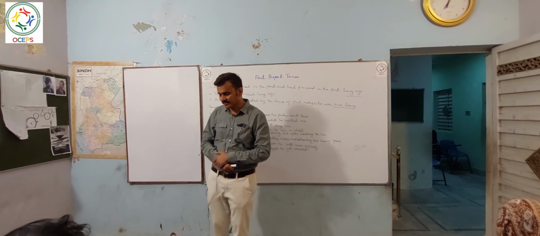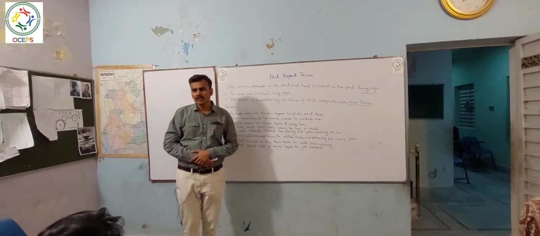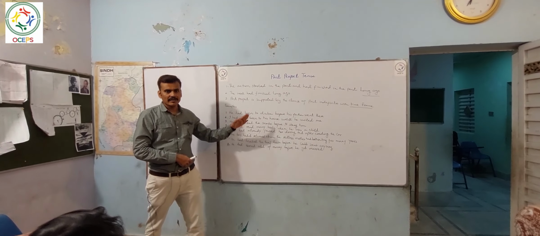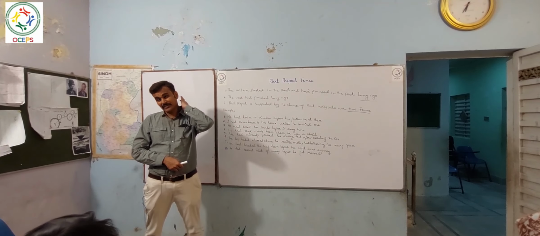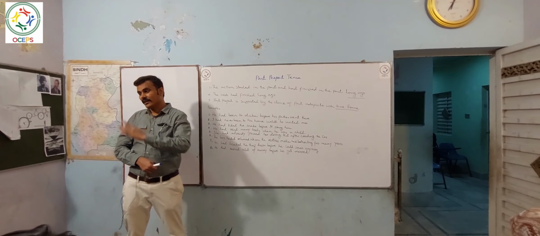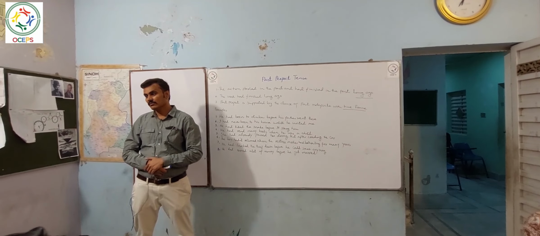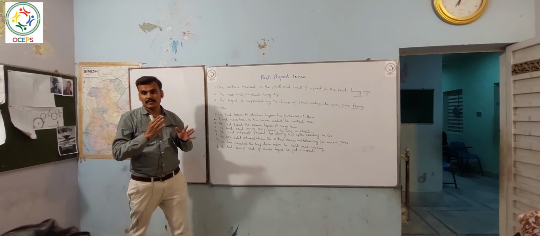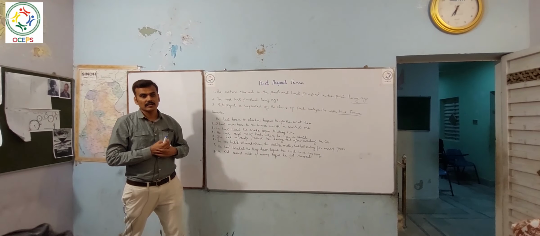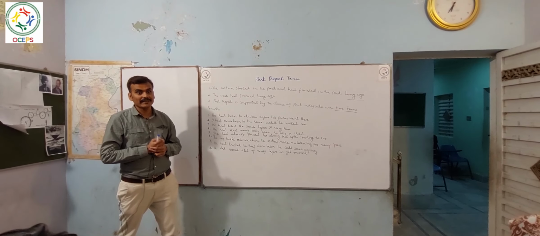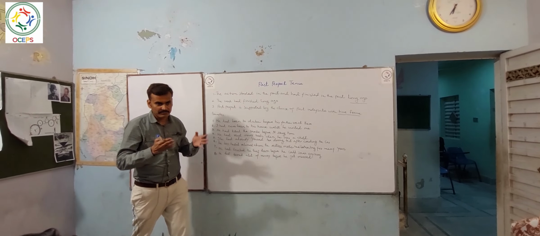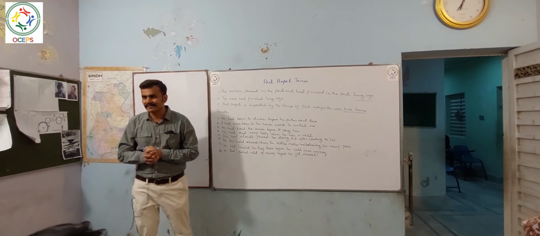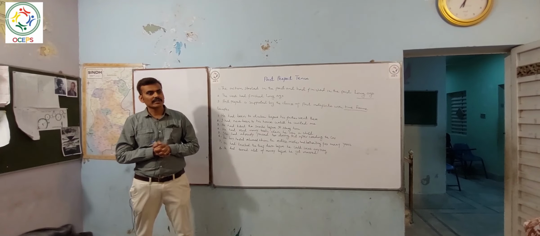There are some other differences. In the present perfect tense, when you use it as the main clause, the supporting clause would be present indefinite tense and sometimes present continuous tense.